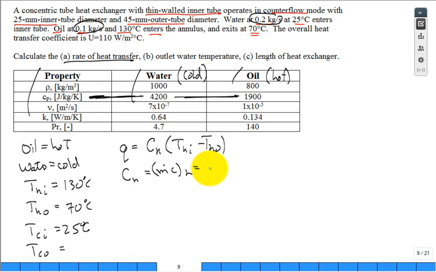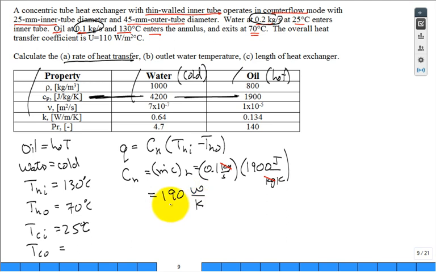The mass flow rate of the oil, 0.1 kilogram per second, times the specific heat of the hot fluid, 1900 joules per kilogram Kelvin. Do the kilograms go? And we're left with 190 watts per Kelvin. True or false? Thumbs up? You like it?